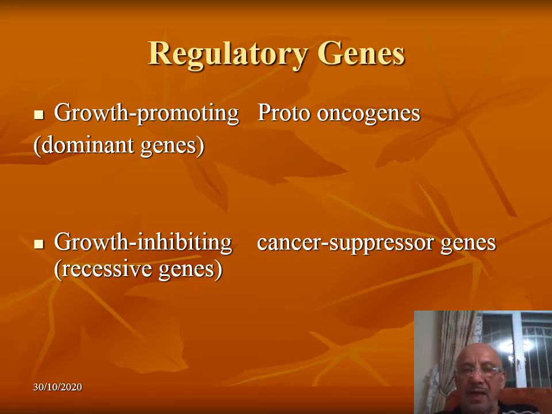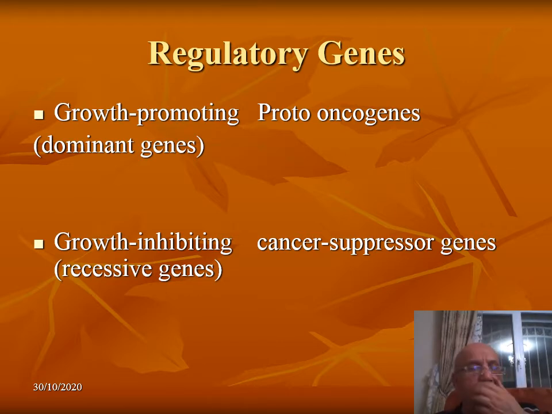But when there is some sort of mutation of these genes, they produce different growth factors, and this will enhance the formation of cancer. So for this reason we call them growth promoting genes.